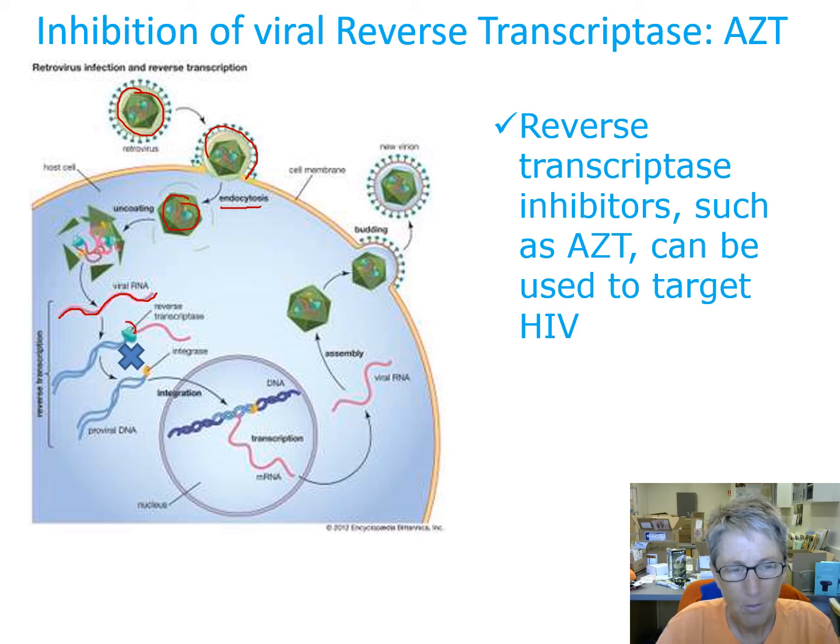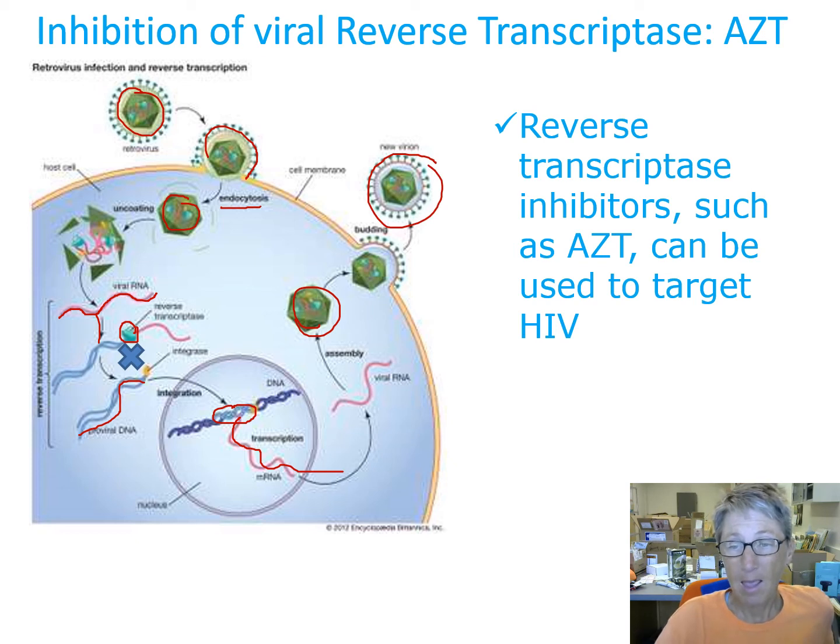Then the viral reverse transcriptase reverse transcribes viral RNA into proviral DNA, which then inserts into the DNA of the host, and then the virus will start making viral proteins, and then the viral proteins will assemble, the virus will bud off, and now you have a new virion. But AZT can inhibit this reverse transcriptase, and then the virus can't make more of itself.